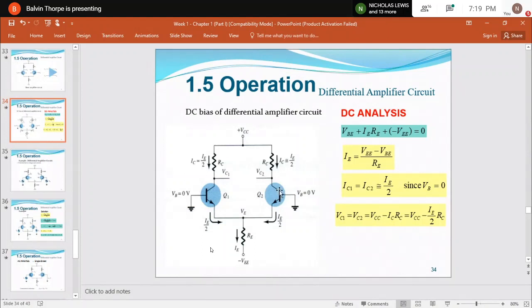And likewise, for this transistor, it's the same thing. And when you have them both superimposed to come out on one output, then you find that the output voltage is going to be much greater than if you had one transistor acting by itself.